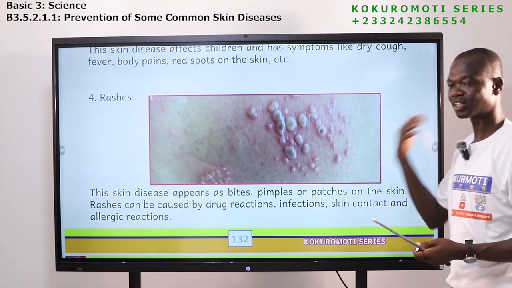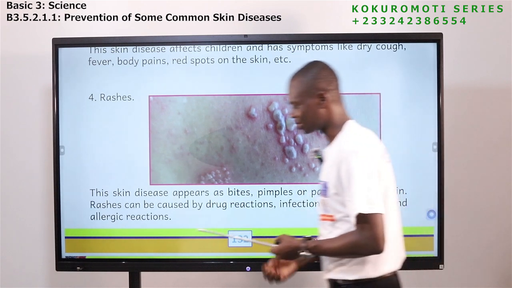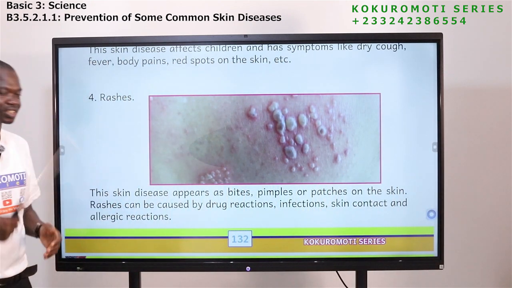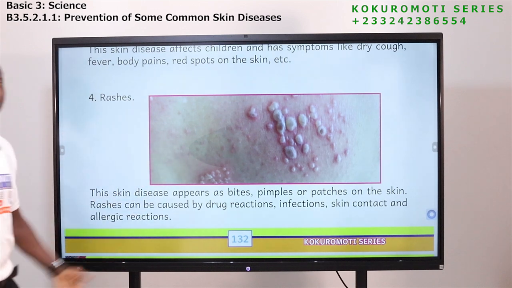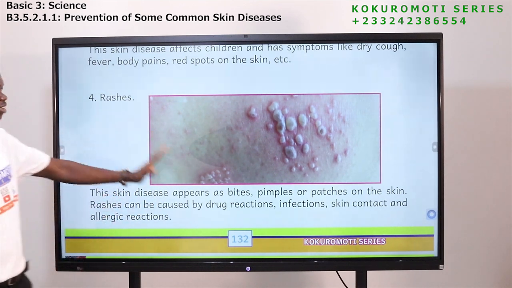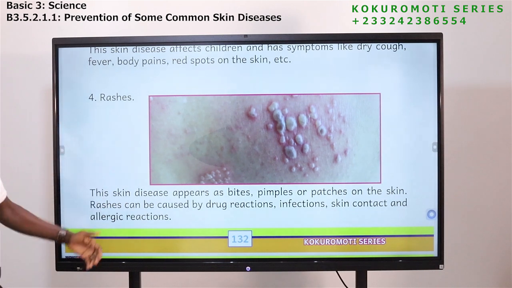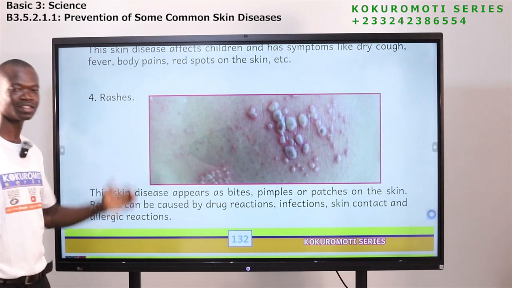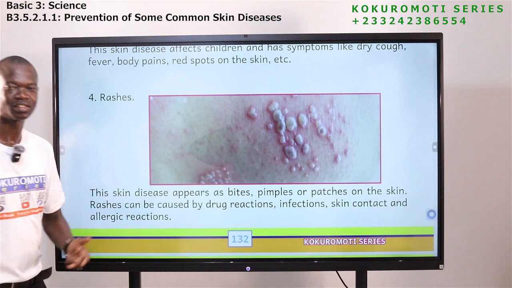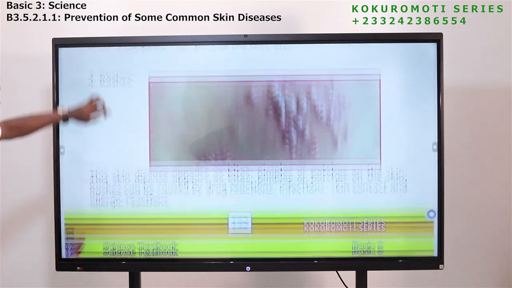So if you're allergic to something and then you eat it, you can get what? Skin disease. Or if your skin is allergic to something and it has contact with it, you get skin disease. So this is how rashes also looks. Rashes is a skin disease. Measles is a skin disease. Ringworm is a skin disease. Chickenpox is a skin disease.